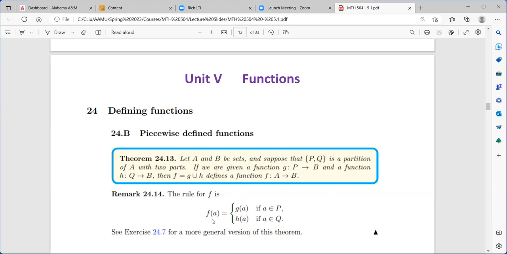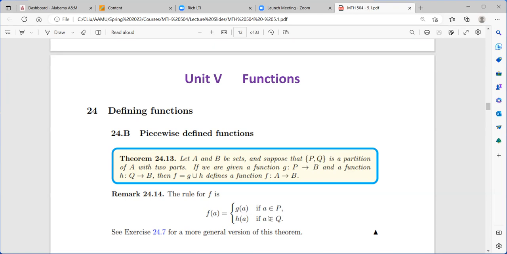We write f(a), where a is an element in A, equals g(a) if a is in P. So we're talking about the function g from P to B. So when a is in P, then the function value of f is actually the same as the function value of g.